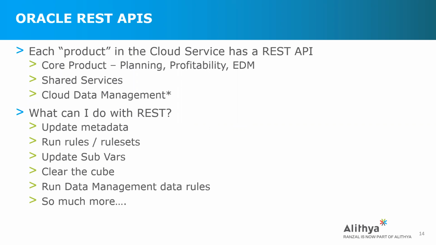It gives us programmatic access to the Oracle Cloud services, and the ability to be much more programmatic in how we approach our automation. So EPM Automate, and we're going to talk about it in a little bit, gives us the ability to execute through command line. REST API gives us the ability to write more code-based automation and integration.